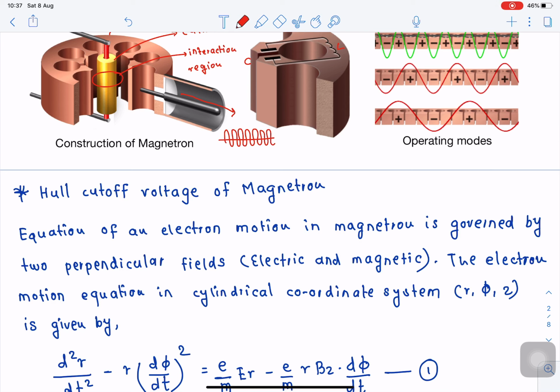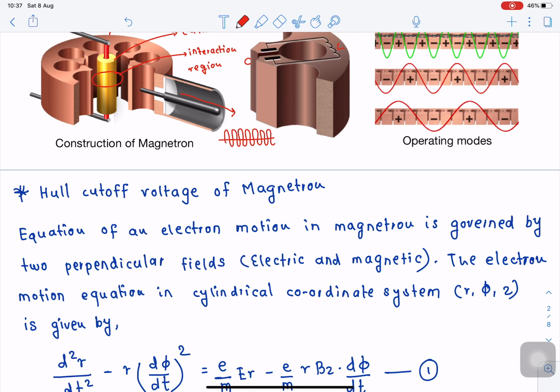So further we will do a derivation in which we will establish at what particular magnetic field or at what particular value of electric field the process of velocity modulation begins inside the magnetron tube. This particular condition we call the cutoff condition of the voltage, and it was originally observed by a scientist known as Hull.